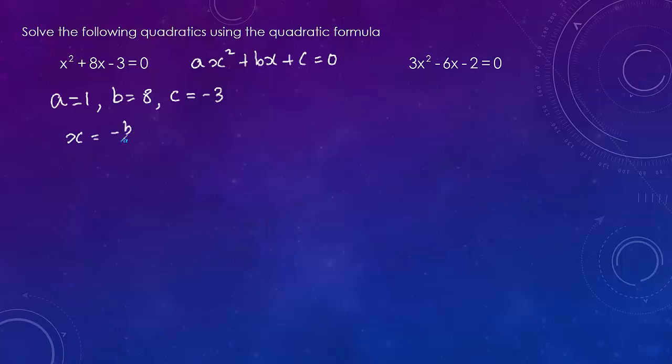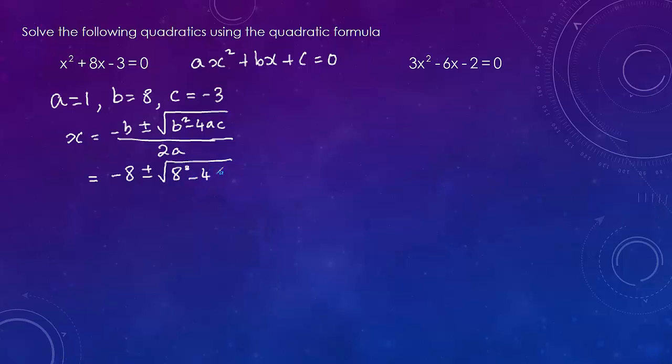So x is negative b plus or minus the square root of b squared minus 4ac, all divided by 2a. So b is 8, so we want minus b here, so that's going to be negative 8, plus or minus the square root of 8 squared minus 4 times 1 times negative 3, all over twice a, and of course a is 1.